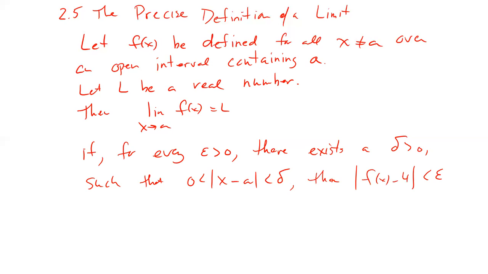And notice it's x minus a, so that's the x-axis. Then when we come to the next one, f of x minus L is less than epsilon. Sorry about that. So we got these little scrunchy things happening here: the x-axis minus where you're going on the x-axis, and the y-axis minus the variance.